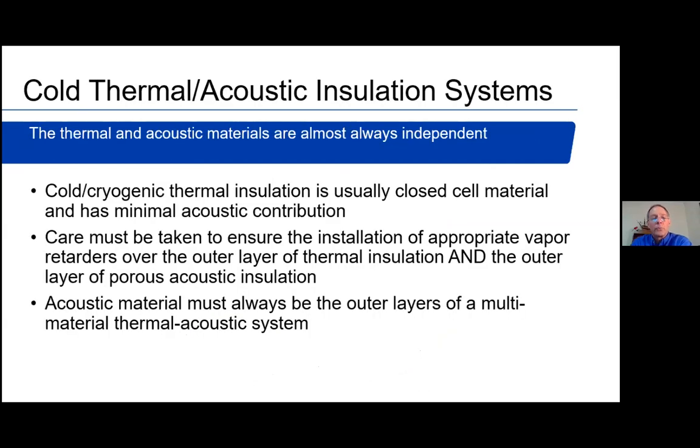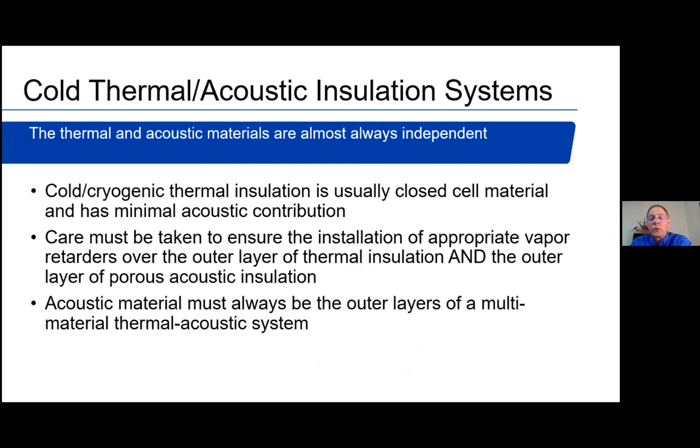On cold systems, it's a little bit different world, because that is almost always a rigid insulation material, and the thermal and acoustic materials are almost always independent. You don't get much acoustic contribution out of the thermal material. It's usually a closed cell, usually has minimal acoustic contribution.